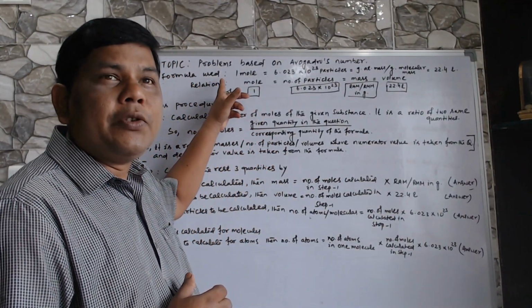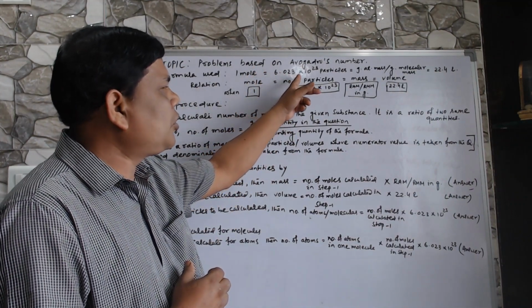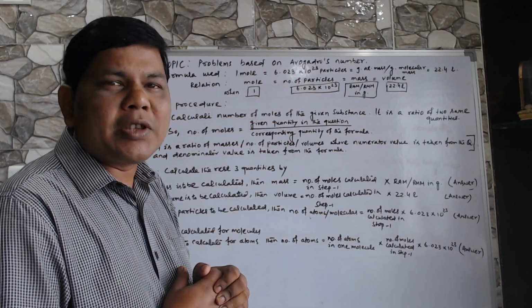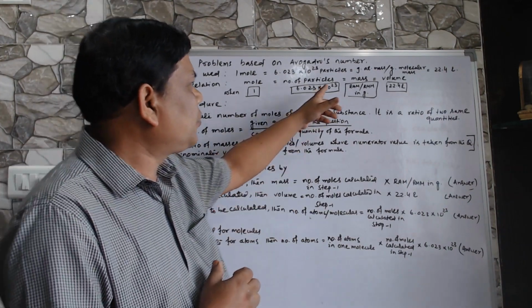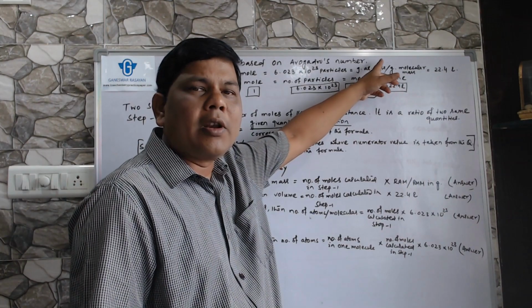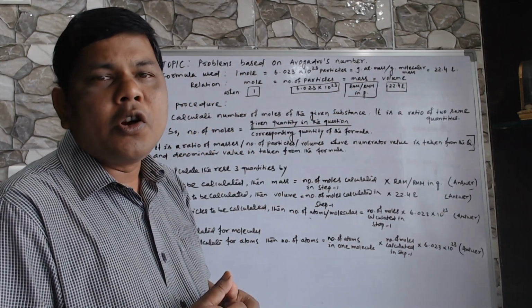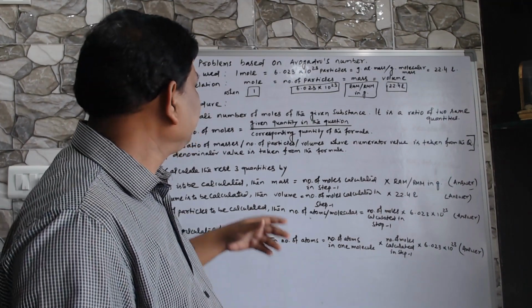See, the formula used here is 1 mole is equal to 6.023 into 10 to the power 23 particles, which is equal to gram atomic mass or gram molecular mass in grams, which is equal to 22.4 liters.